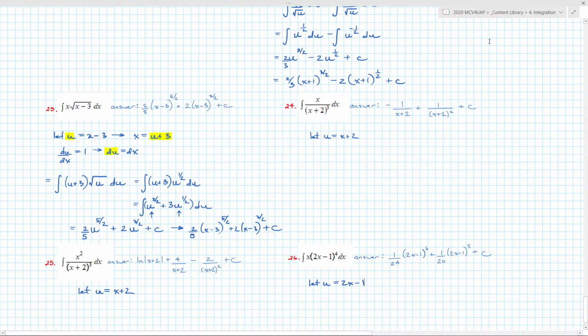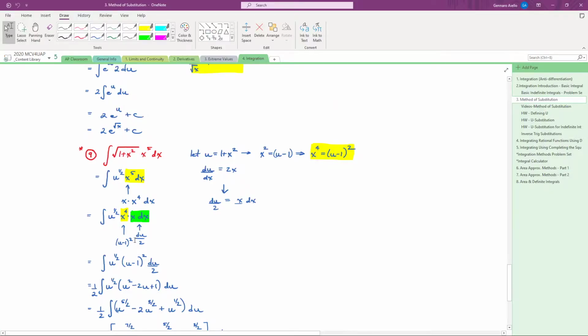When I introduced this method of substitution, it's the same idea as this one here, number 9. So there's another example you could look at. It's the same sort of idea as what we just did today. So if you go back and look at example 9, that's another example you could stare at.